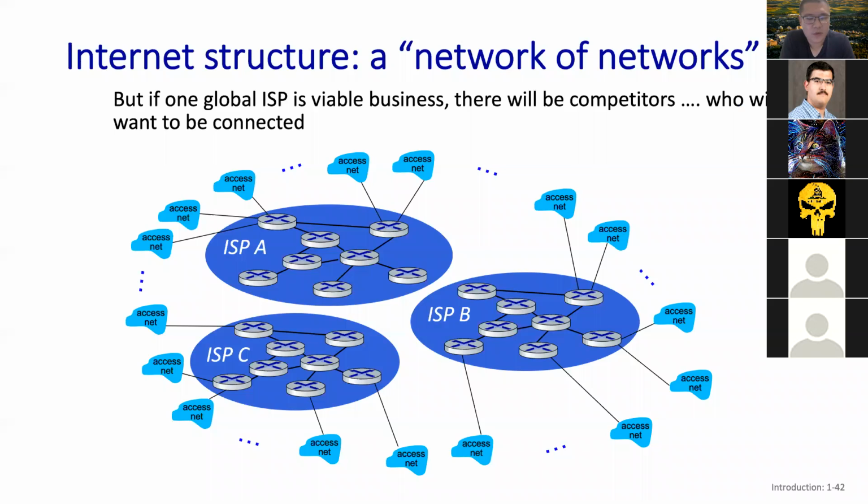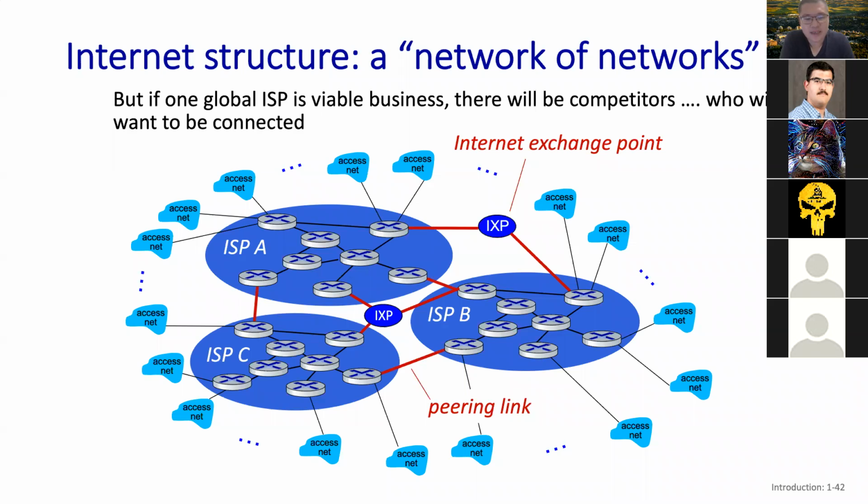So who will play this role? Usually we will have the internet exchange point to connect the different global ISPs, okay? And sometimes the different ISPs will connect to each other directly. They don't use the internet exchange point.